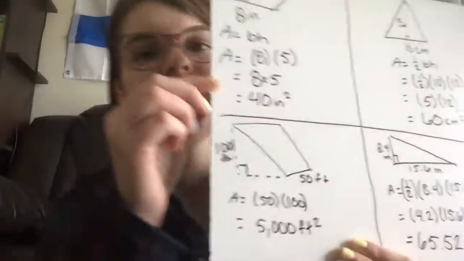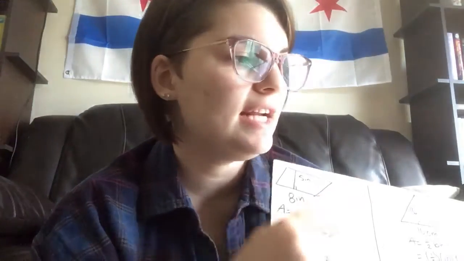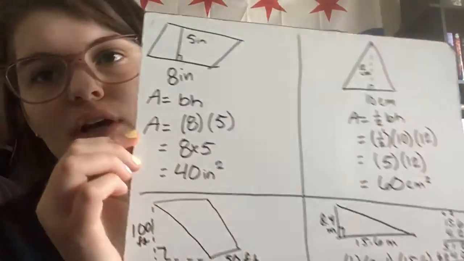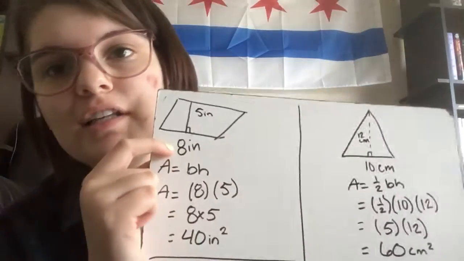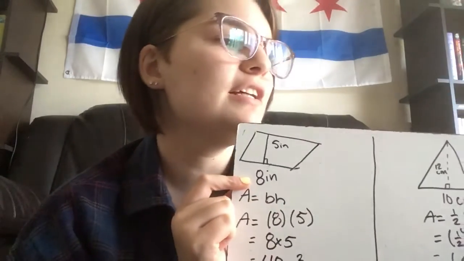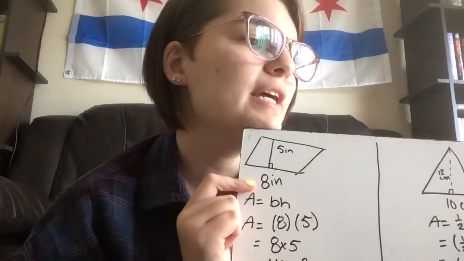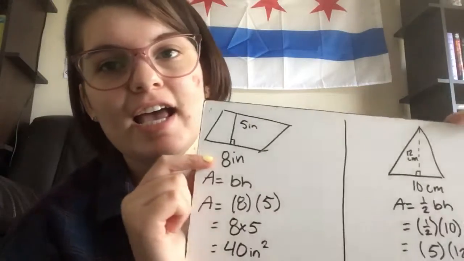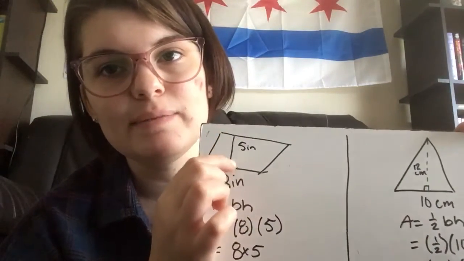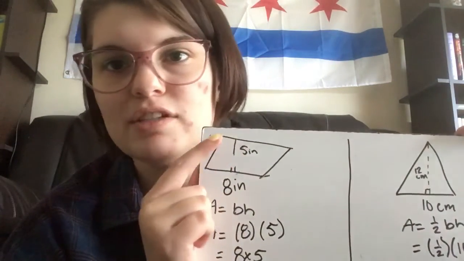So I have the example up at the top for each of them, and then I have numbers 1 and 2 on the board. The example at the top is a parallelogram with a base of 8 inches and a height of 5 inches. That's the whole height of it that I just erased.